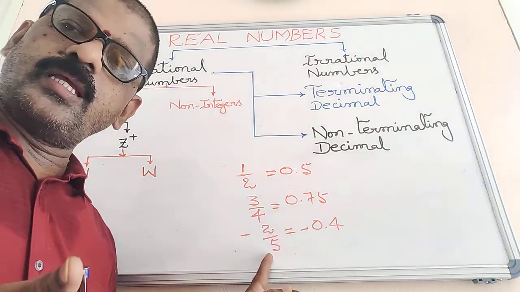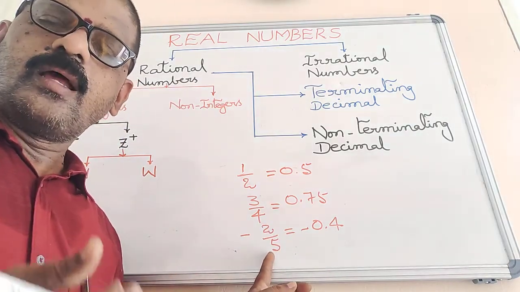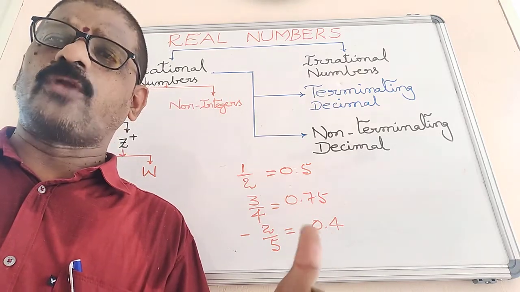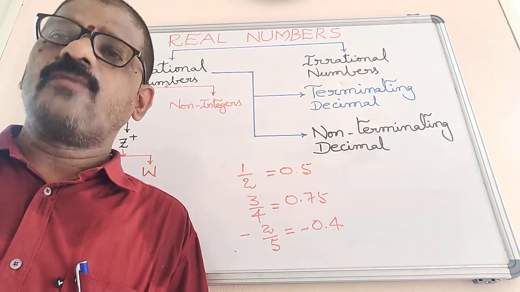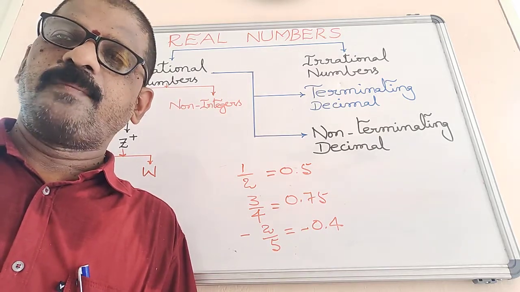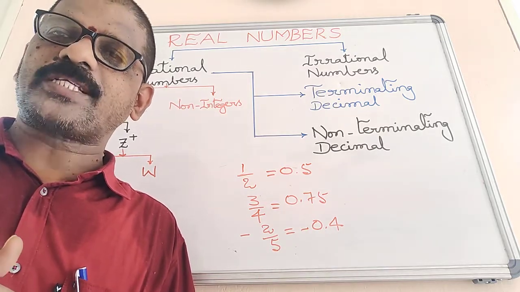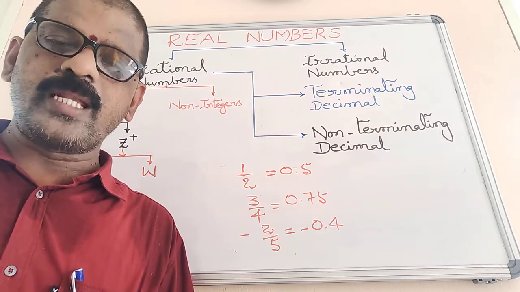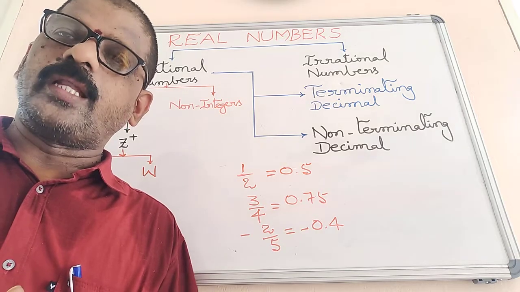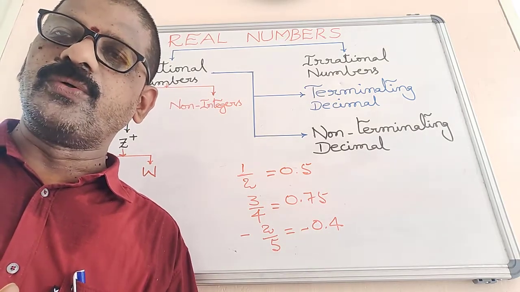Minus 2 by 5 is a non-integer. Clear? Why? Because a non-integer can be expressed in the fractional form. Fractional form means P by Q. That means a number can be expressed in the form of P by Q.